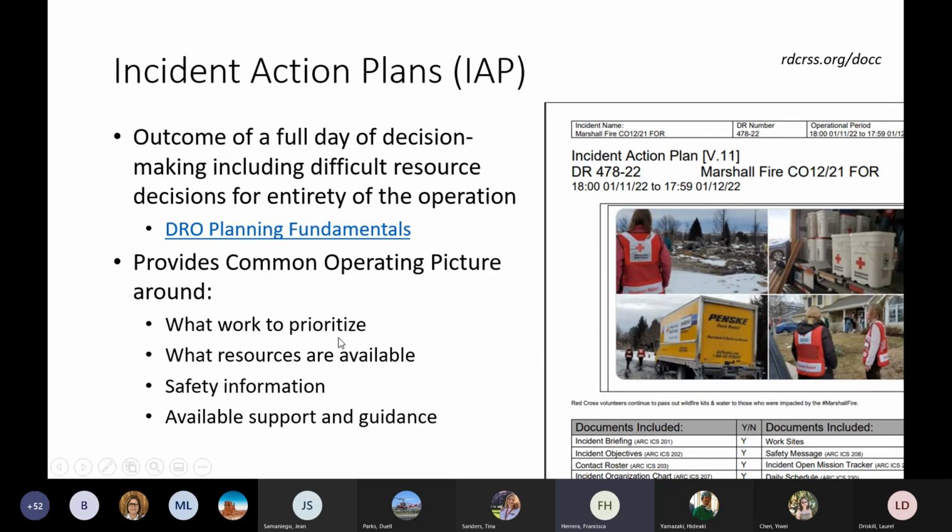What work should you be prioritizing? What resources are available to you? What is the safety information that you need to be aware of? And what available support and guidance is there in the disaster relief operation? Any one of these can fluctuate day to day depending on the environment.